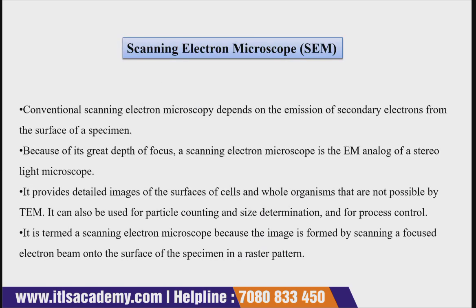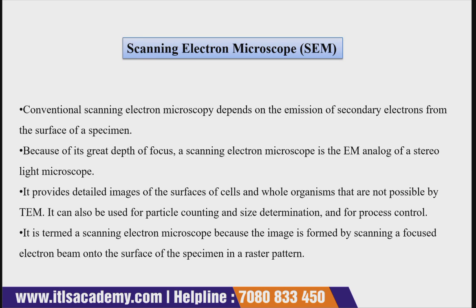Now comes the SEM. SEM is a scanning electron microscope. It is the conventional scanning electron microscopy, and it generally depends on the secondary electrons from the surface of the specimen. Because of its great depth of focus, the scanning electron microscope is the analog to a stereo light microscope.